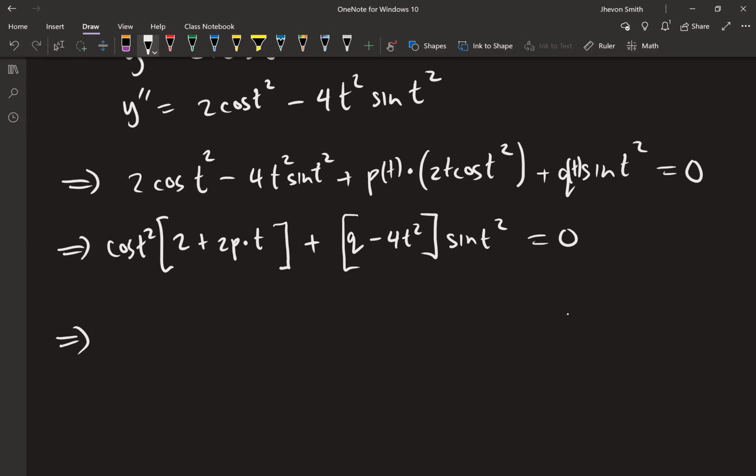And here, since, right, we'd plug in t equals 0.